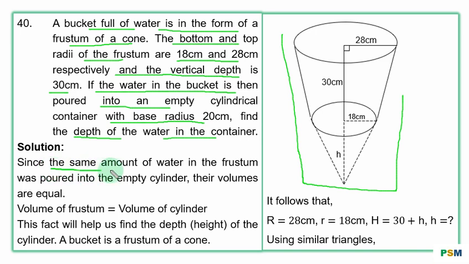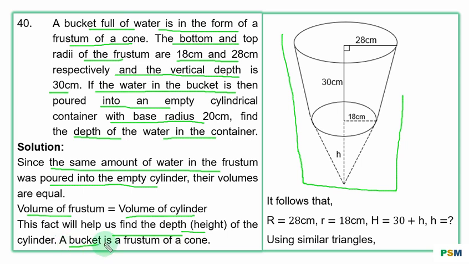Since the same amount of water in the frustrum was poured into the empty cylinder, their volumes are equal. Therefore, volume of frustrum is equal to volume of cylinder. This fact will help us find the depth, that is the height of the cylinder.